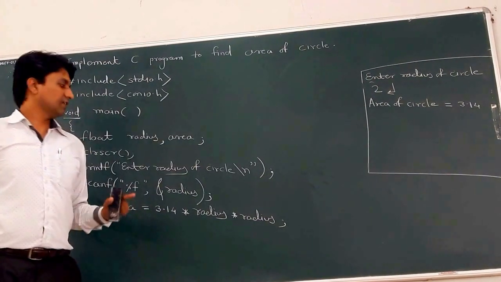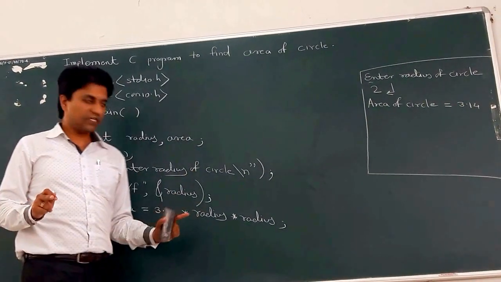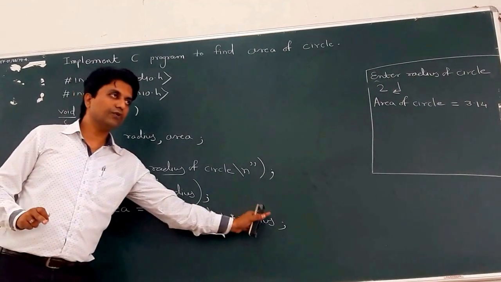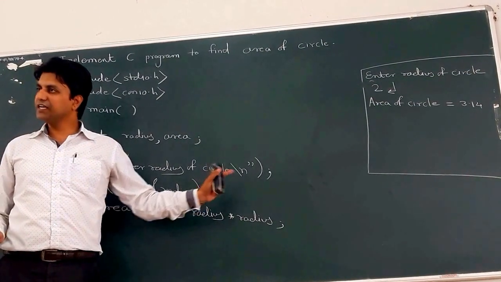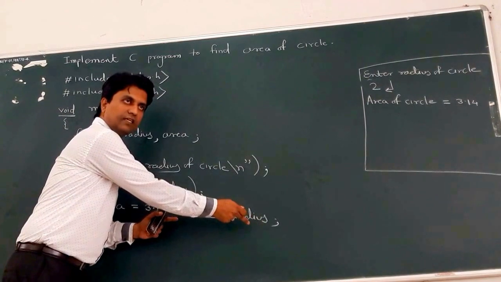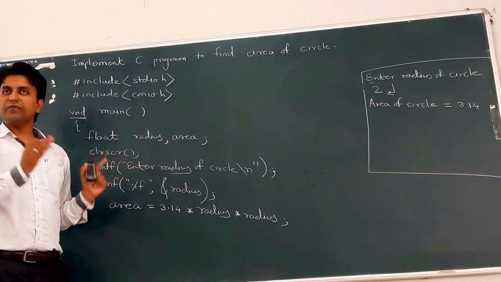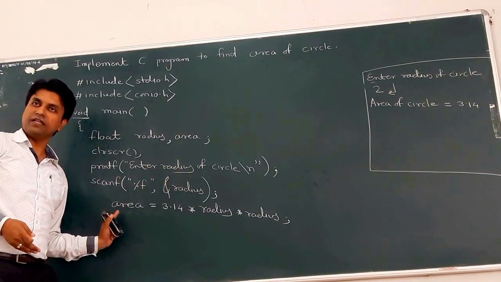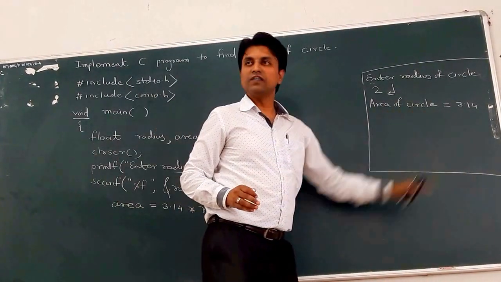In C language, the square operator does not exist. So you write 3.14 into radius into radius, that means pi r square. After that, the calculation is done as per the instruction, multiplication, and whatever the value of area is, it is stored into which variable? The area variable.